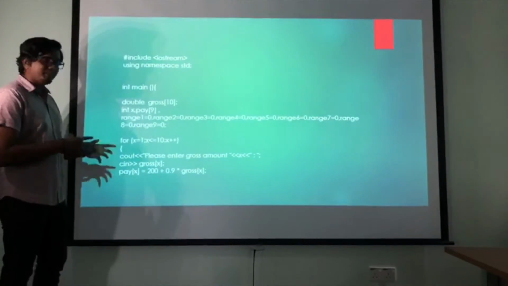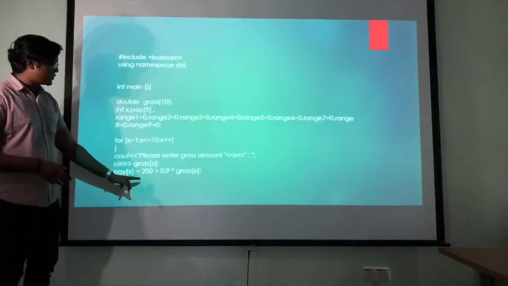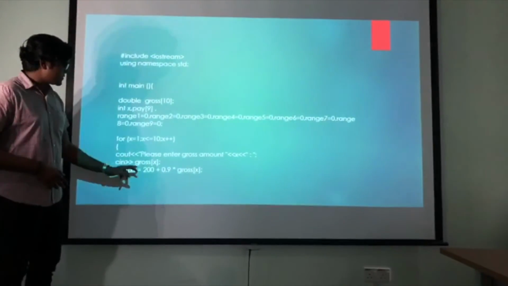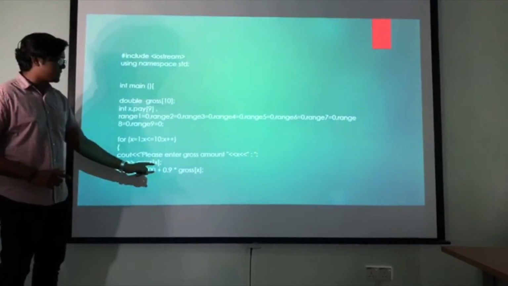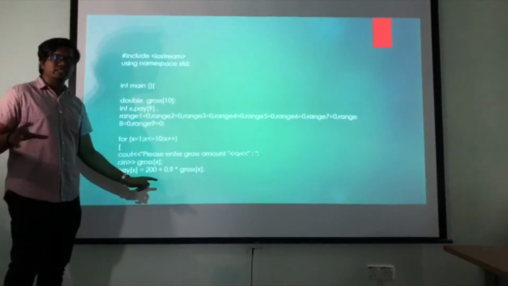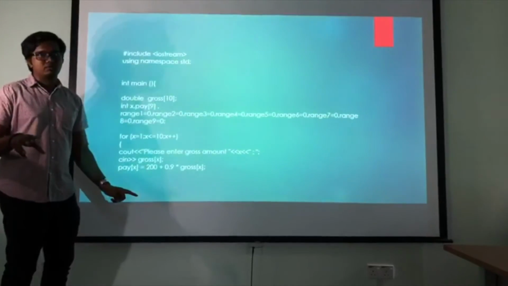The pay of one worker is equal to 200 plus 0.9 times gross, because 200 is their weekly payout and 0.9 is the percentage of the gross amount earned by the worker.